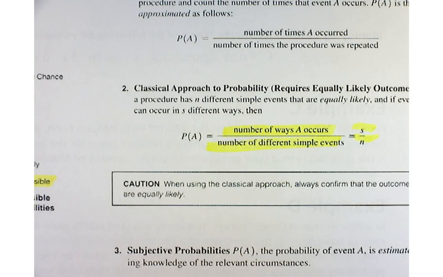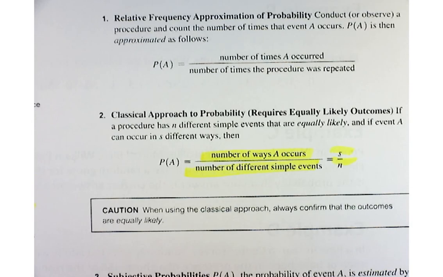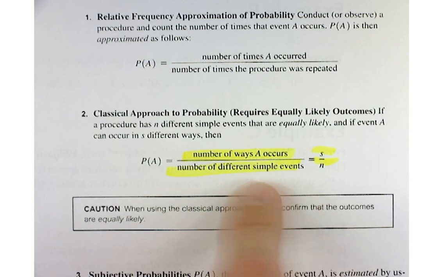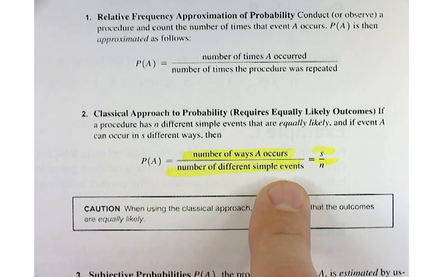Now, it's fun when you can do things this way, but you can't always do things this way. So there's other ways you can get at probabilities. One way is with a relative frequency approach. For instance, if you want to find the probability of getting struck by lightning, well, you can't exactly define a sample space and then count the number of simple events.